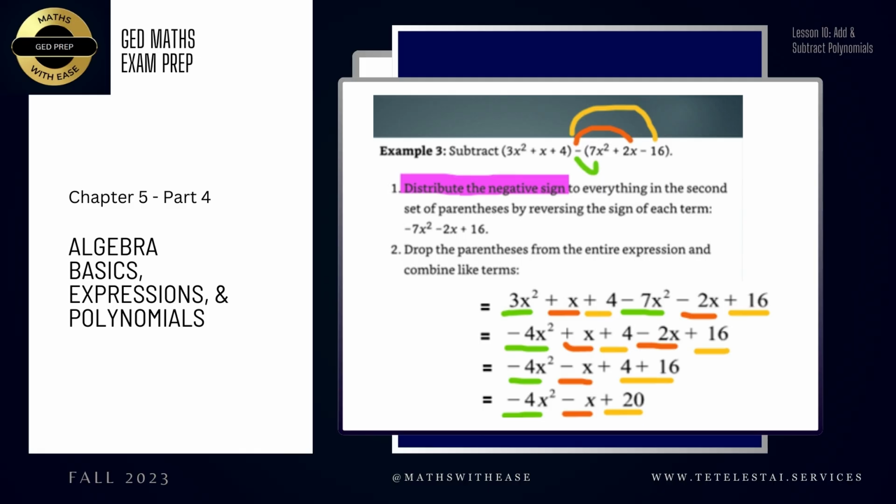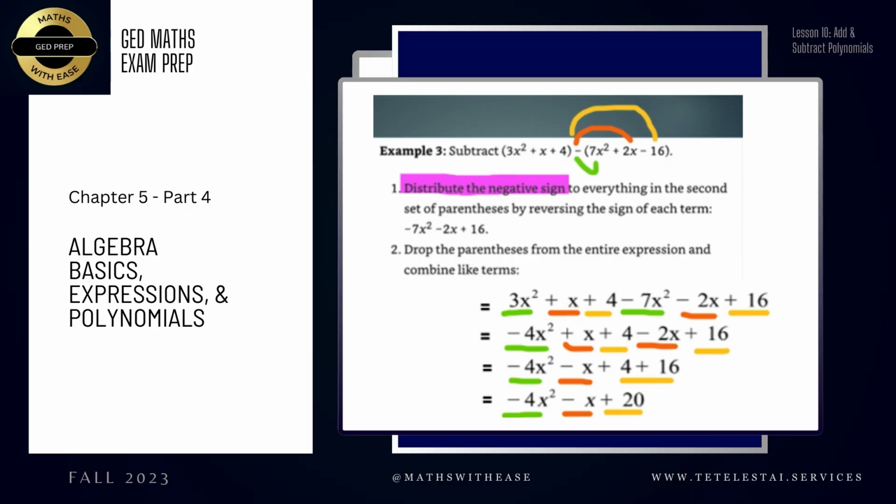We'll start with the very first set of like terms, which is 3x squared and negative 7x squared. You always want to refer to each term according to whatever sign is next to it. When we don't see a sign next to a term, we assume automatically that the term is positive.